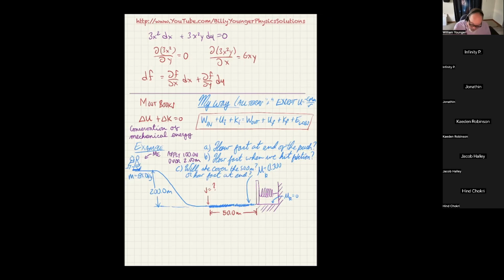Okay, so C has two possible outcomes. If I actually go the full 50 meters, then I have to answer how fast it's going when it gets off the 50 meters. Otherwise, the person's going to come to a stop.